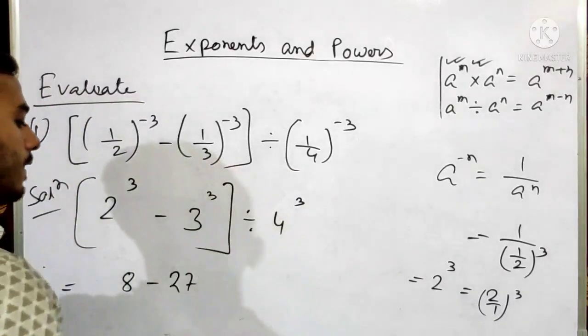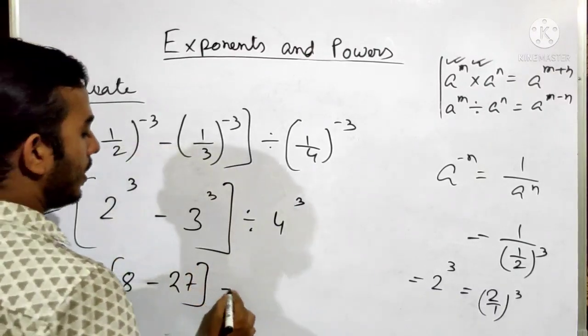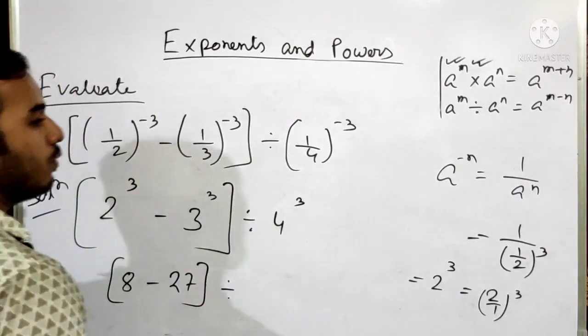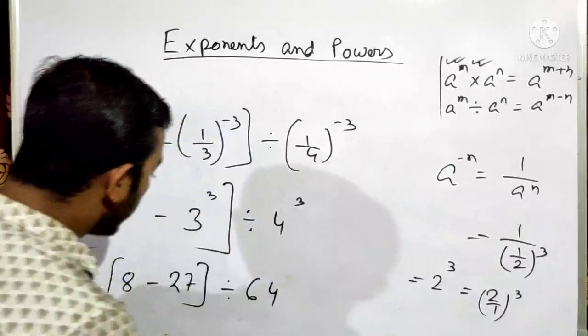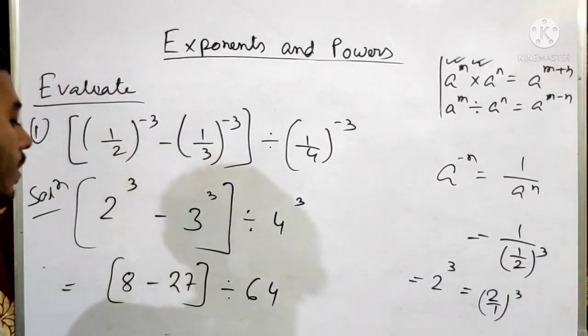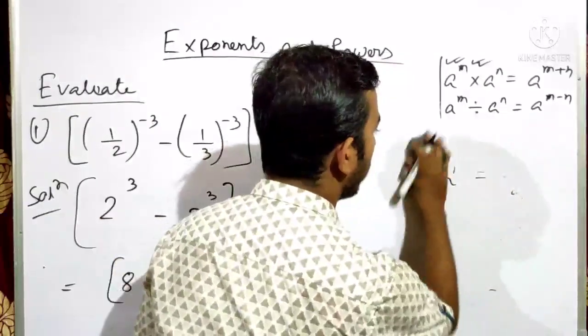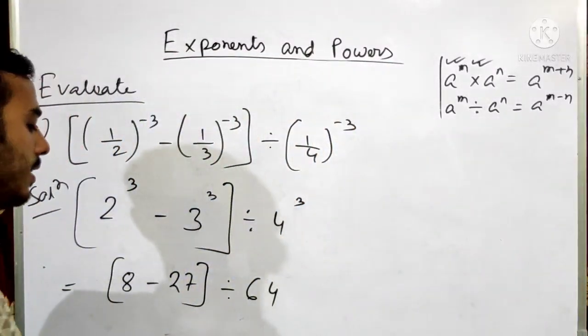Next, divided by 4 power 3, which means 4 into 4 is 16, 16 into 4 is 64. Clear? 64. So here 8 minus 27 is how much? 8 minus 27 is 19, isn't it?